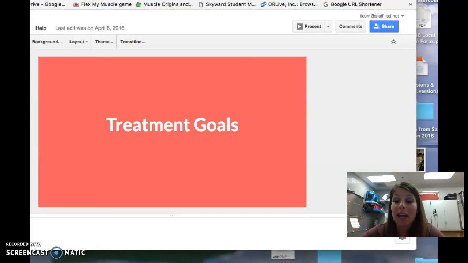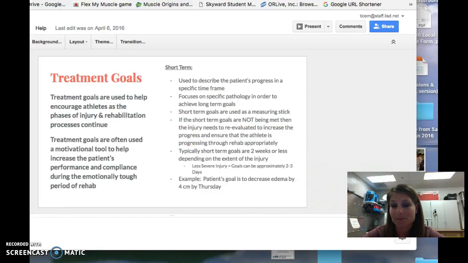The rehab process is all about setting little goals, accomplishing them, and moving on to the next goal. And with athletes, you are dealing with a competitive population who most of the time want to be back on the field. They want to be back to whatever activity it was that they are no longer able to participate in. So by using treatment goals, we help get them there.